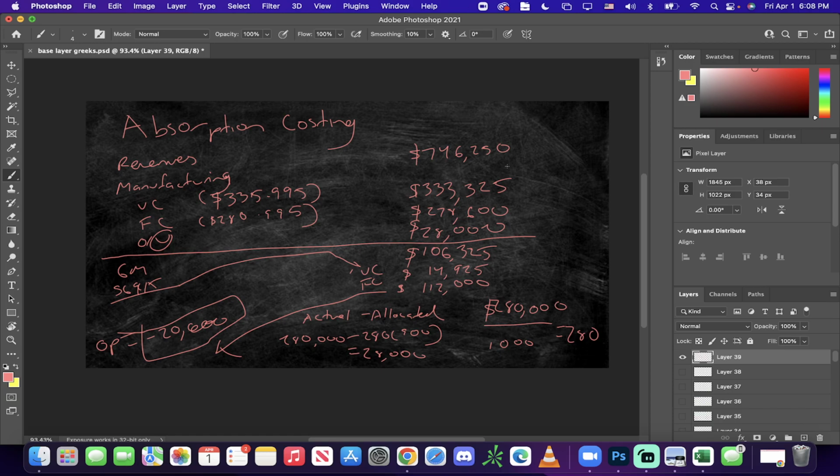So it's the 280,000 divided by the planned amount of units, right? Does that mean it would be divided by 900 for this? Well, remember, I said denominator is a synonym for plan and budget. Oh, right, okay, so divided by 1,000. Mm-hmm. Okay.